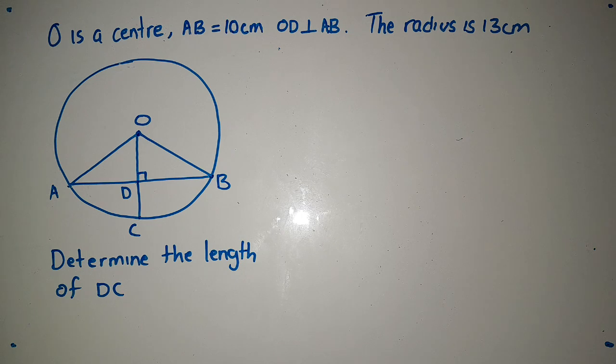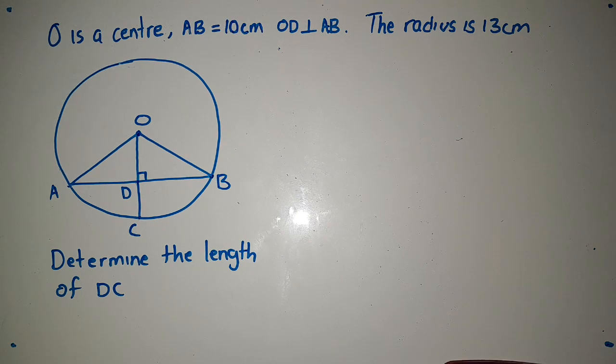Today we are going to continue with the application of Theorem 1. Let's see what they give us. We have O, which is the center of the circle, AB, which is 10 centimeter. They also gave us that OD is perpendicular to AB with the radius of 13 centimeter.